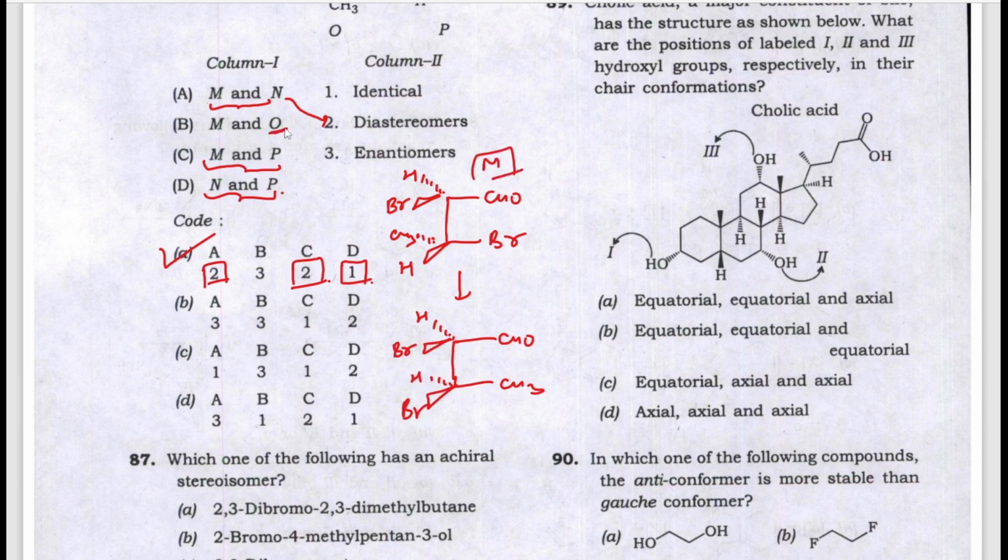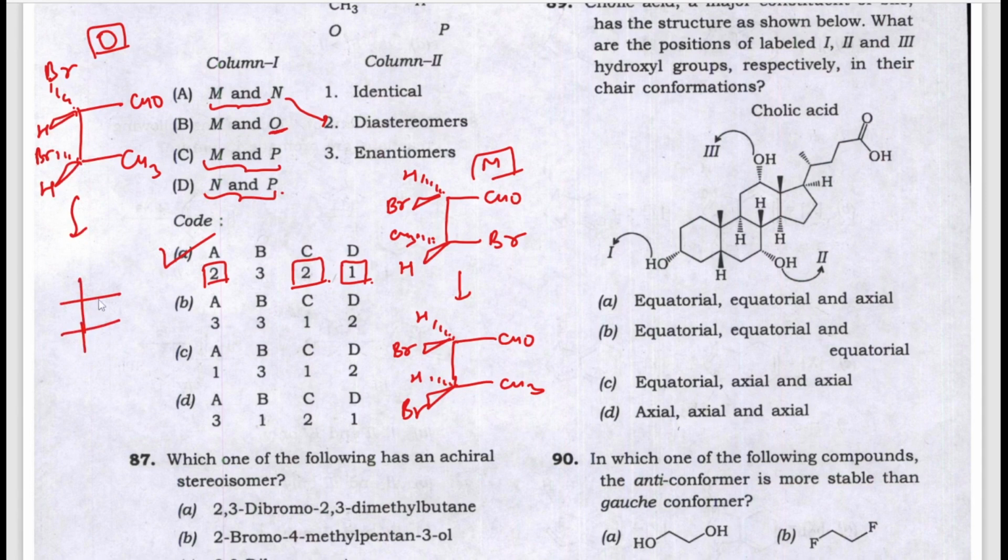Now we have to check the structure for O. So we can also take the structure of O, the wedge form of O structure, that is this. Okay. After converting it into Fischer form, this is the Fischer form for O structure. Okay. And this is the Fischer form for M structure.